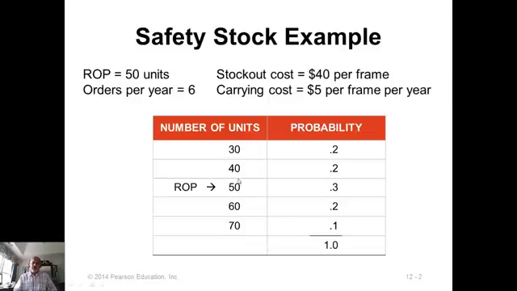Our current ROP, without any safety stock, is 50. We are also given how many orders we place per year, what the stock out cost is if we don't meet the demand, and what the holding cost is for each item per year.